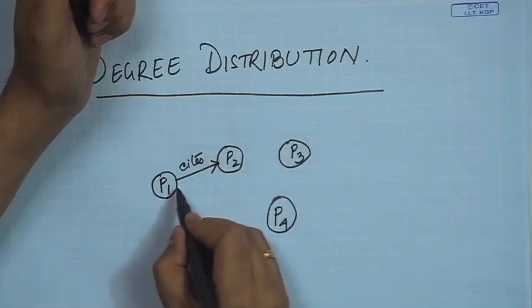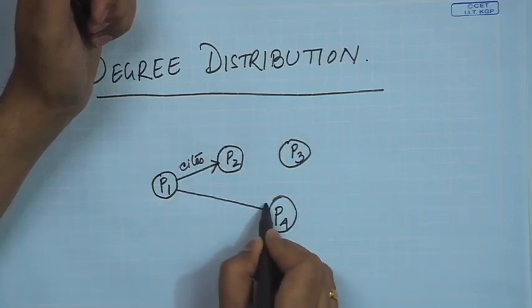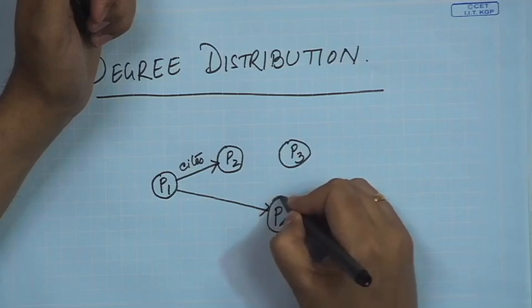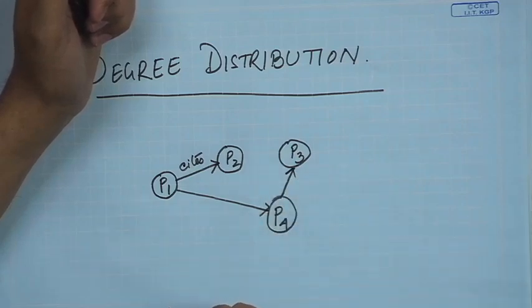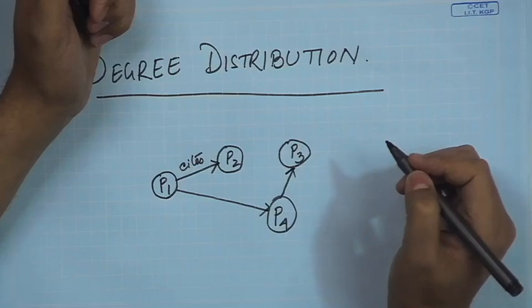Similarly, P1 might also cite P4 and P4 may cite P3, and in this way the network gets constructed.